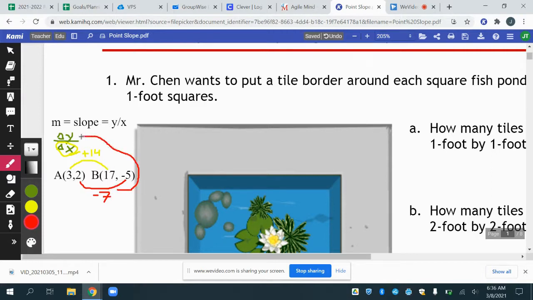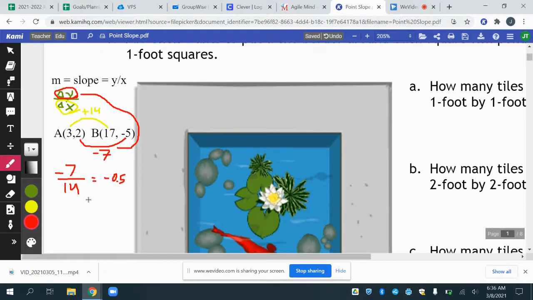And I can say what the slope is. So I end up with negative 7 over 14, which is negative 0.5 or negative 1/2. That's my slope. However, what are we doing to find 14?